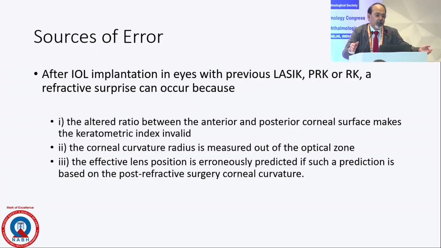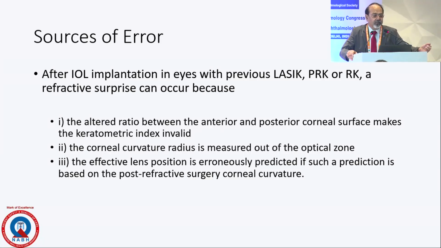But IOL power calculation is basically a very difficult subject, and still one gets a hyperopic kind of result after the surgery, or sometimes there is a residual myopia. So you cannot pinpoint what the problem in calculating is, and the majority of times it is because the K reading is not correct.